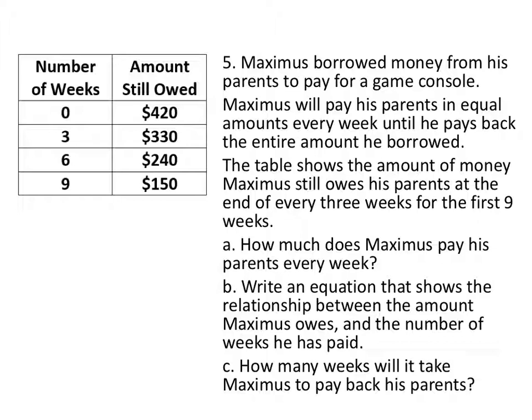So here's what we know. If he is reducing the amount owed from 420 to 330, that means that he paid off $90, and that took, just like it shows, 3 weeks.